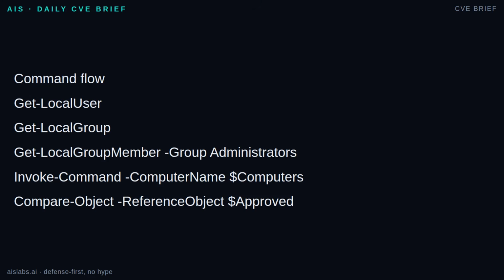For a fleet, put computer names in a variable and use Invoke-Command -ComputerName $computers -ScriptBlock, Get-LocalGroupMember -Group Administrators. PowerShell remoting adds PSComputerName, which is exactly what you want in the export. Pipe to Select-Object PSComputerName, Name, ObjectClass, PrincipalSource, SID, then Export-Csv. After that, compare object against your approved list. Exceptions become tickets, not folklore.